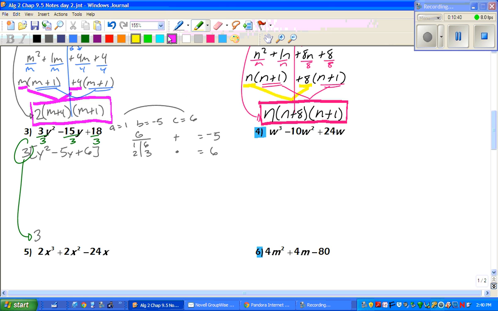I want you guys to try and think about that for a second. The only way that I know, well, let's try this. What about 1 and -6? That's good for the sum, but do 1 and -6 give us +6?